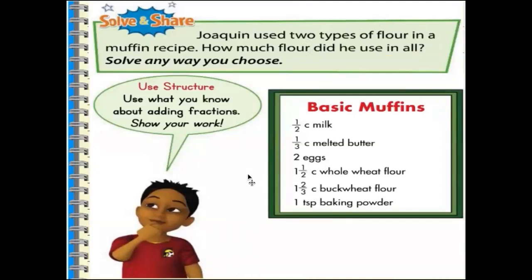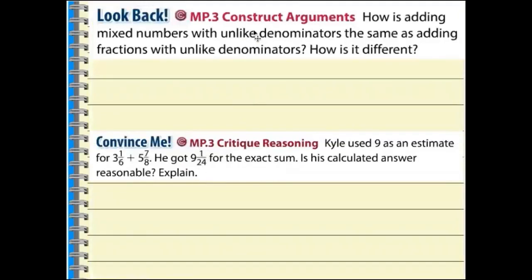Moving to the next question. In here, in look back, how is adding mixed numbers with unlike denominators the same as adding fractions with unlike denominators, and how are they different? Guys, the question is simply how adding mixed numbers is the same as adding fractions with unlike denominators.